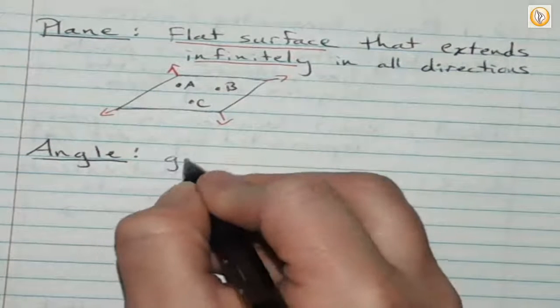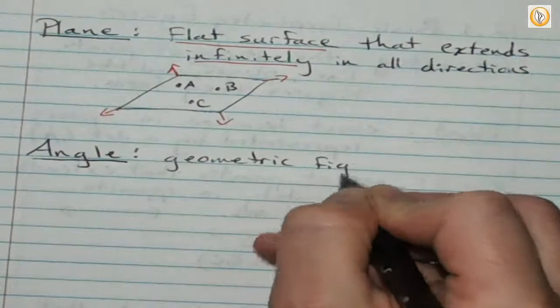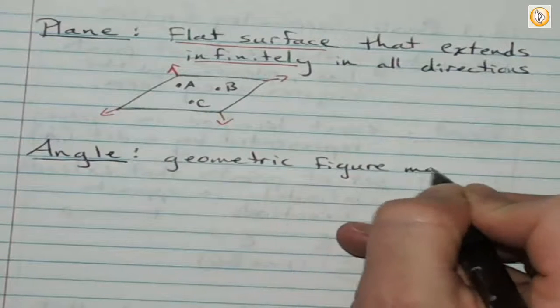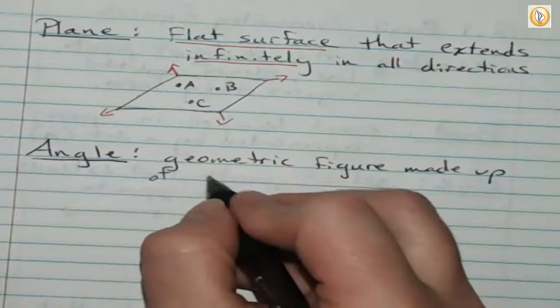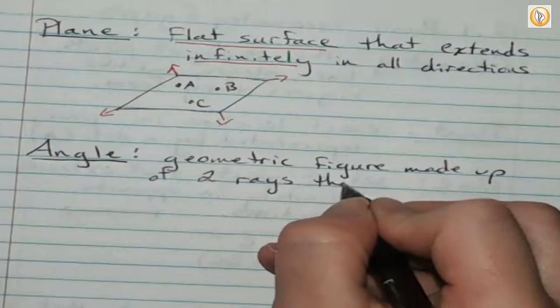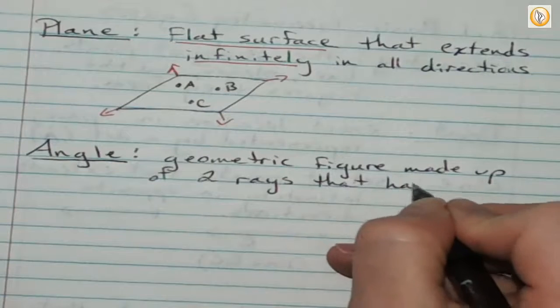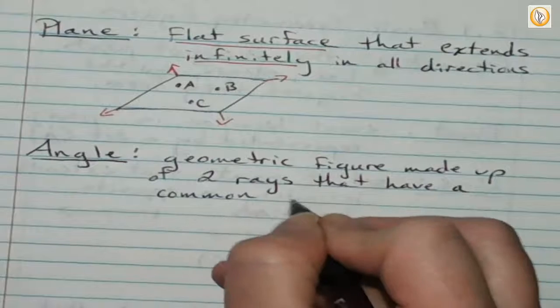All right, angle is a geometric figure made up of two rays that have a common endpoint.